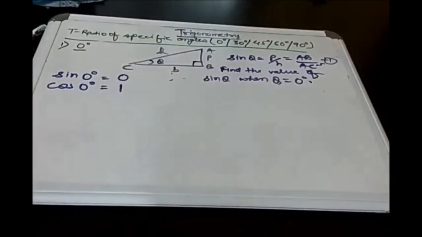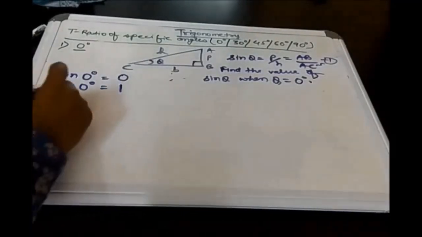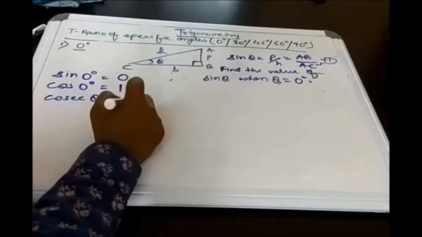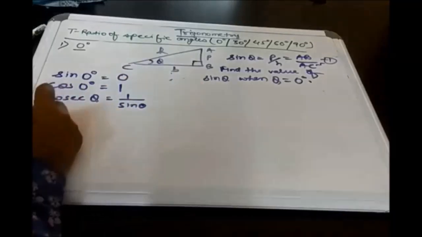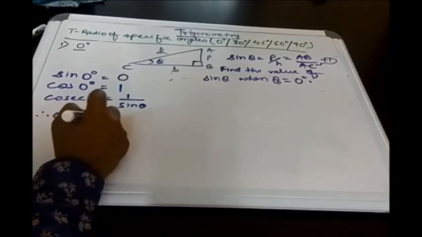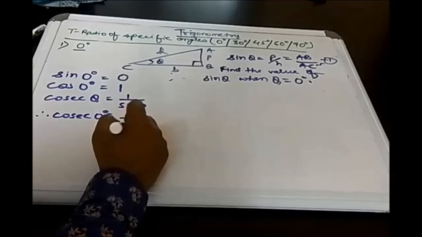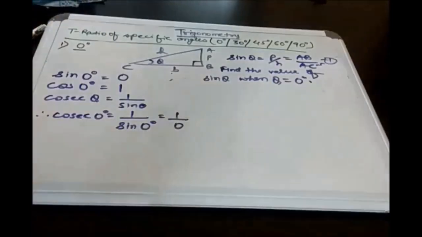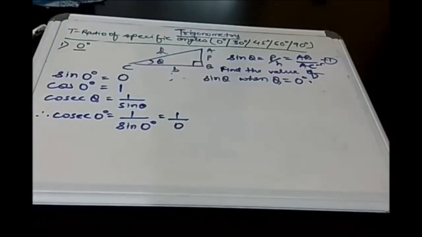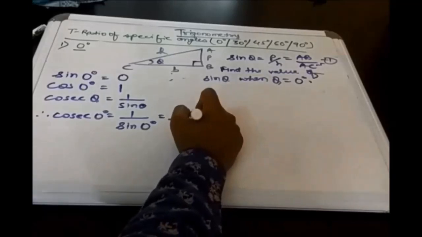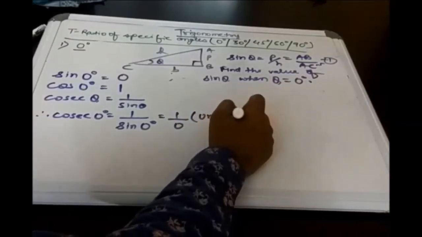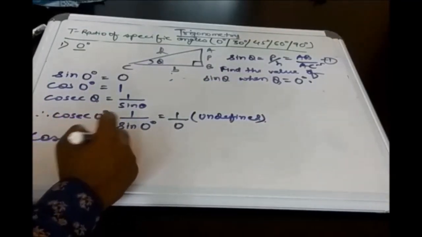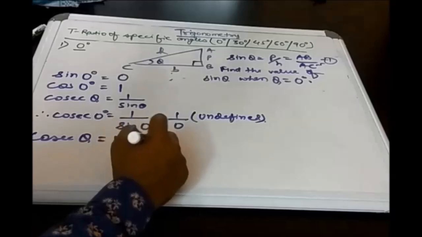While learning the relationship between trigonometric ratios, we have learned that cosec theta equals 1 by sine theta. Therefore, cosec 0 degree will be 1 by sine 0 degree, that is 1 by 0. And you will know that if any number is divided by 0, the result is undefined. So, cosec 0 is undefined.